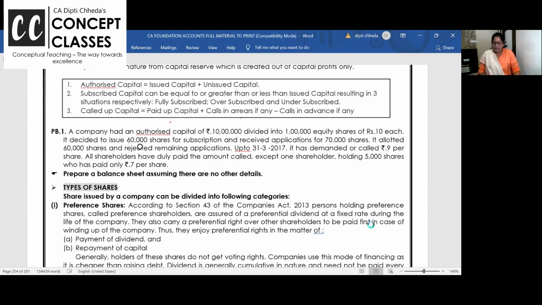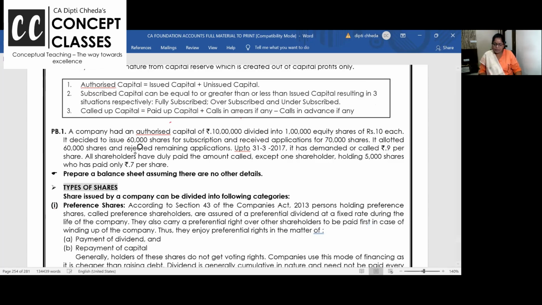A company has authorized share capital of 10 lakhs divided into 1 lakh equity shares of 10 each. It was decided to issue 60,000 shares, and we received applications for 70,000 shares.